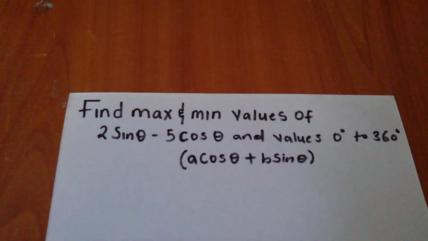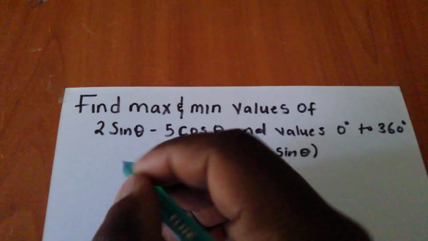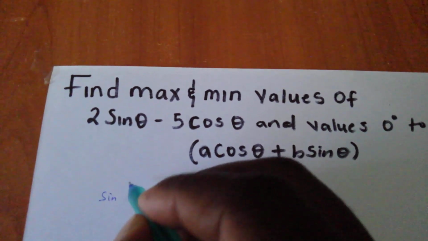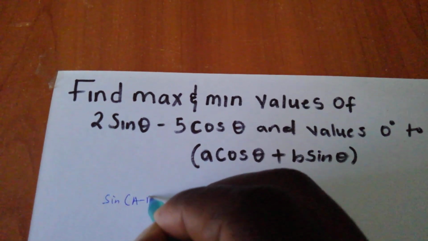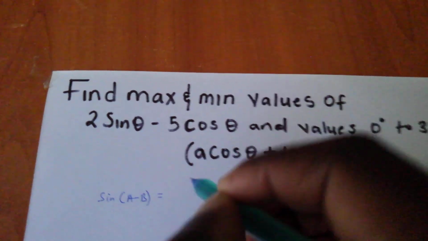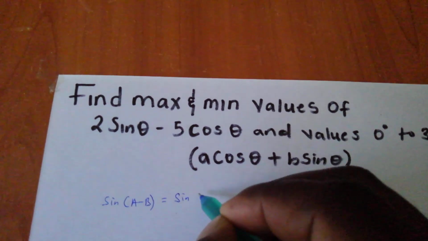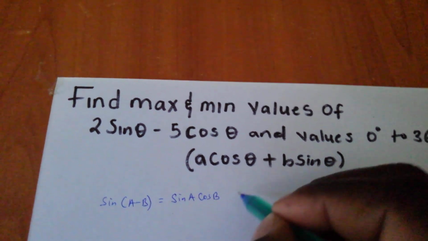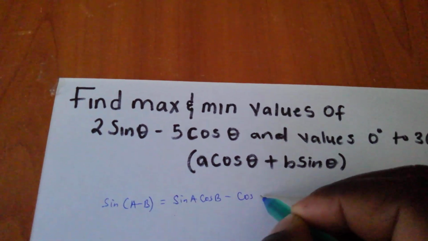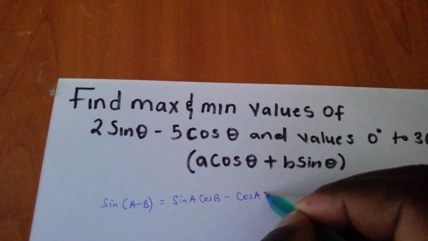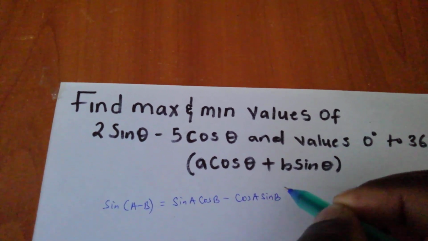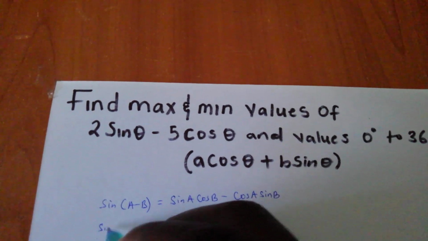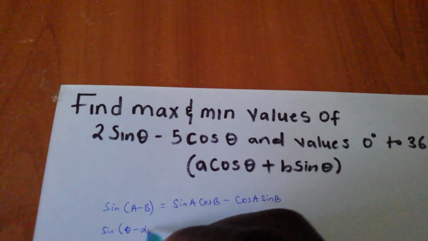So from sine a minus b, which gives me sine a cos b minus cos a sine b. Now instead of a and b, this time I must have theta and alpha.